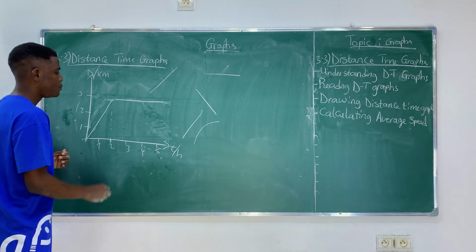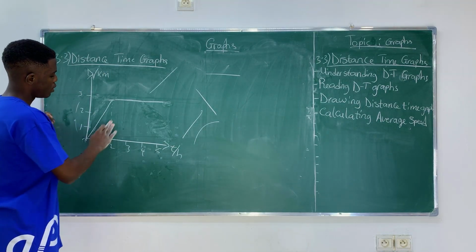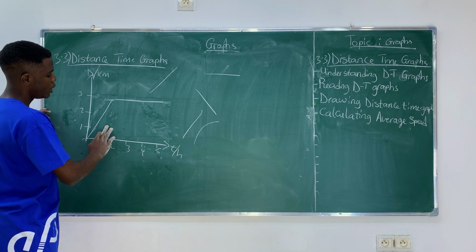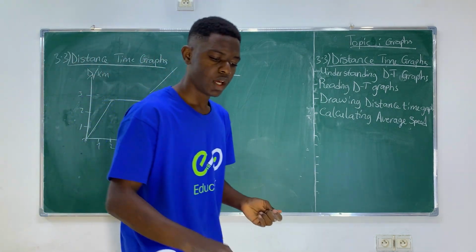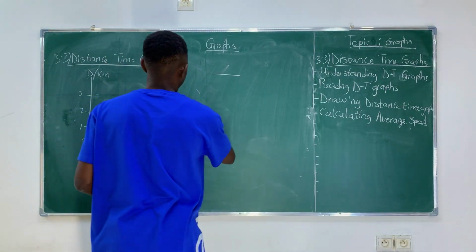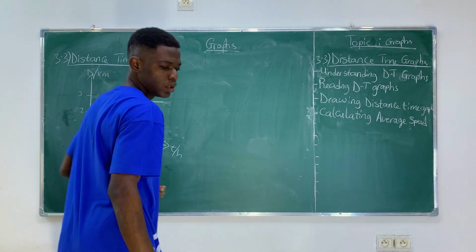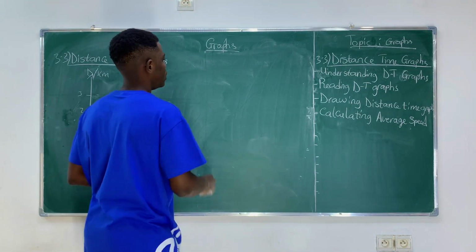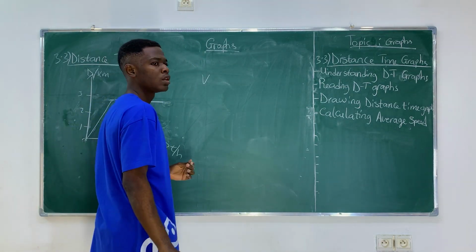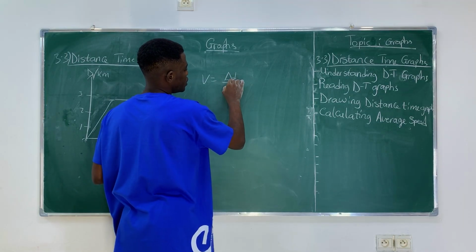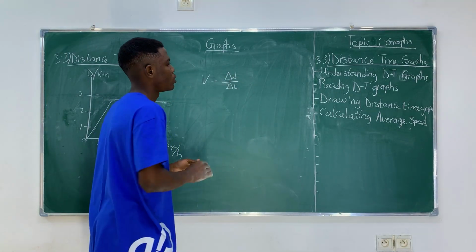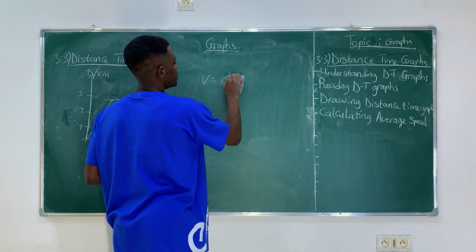So, what is the speed when this person was moving? How do we calculate the speed? What is the formula for speed? Speed v is equal to change in distance over change in time.